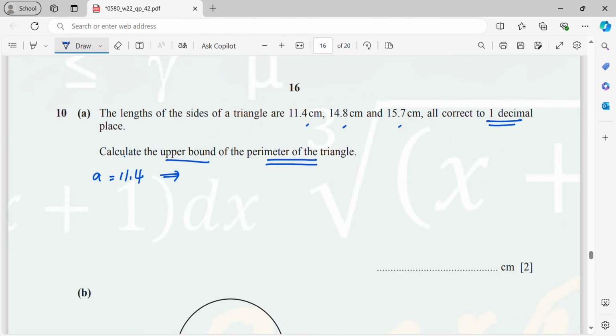Because of one decimal place, I will write absolute error first, equals plus minus 0.1 over 2, one decimal place. Then that means plus minus 0.05. Now, let's say A is 11.4 centimeters.